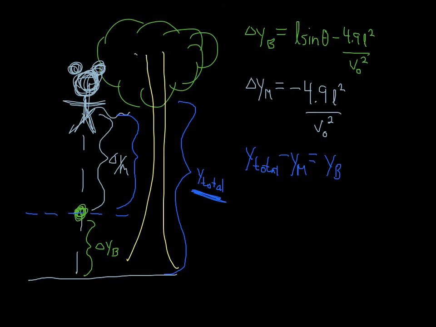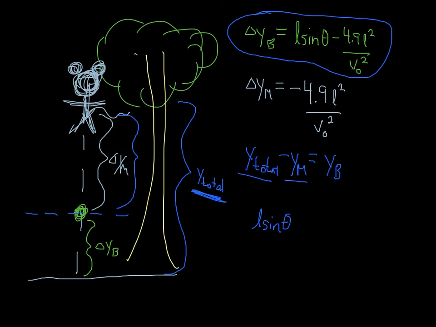So what I need to do is compare YB to Y total minus Y monkey. And if we go back to our original picture, you will find a value for Y total. That value you're going to find is going to be equal to L sine of theta. You can look at your original right triangle and you'll see that.